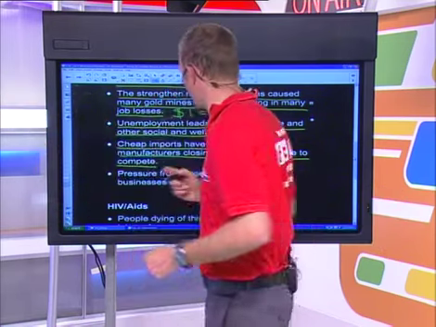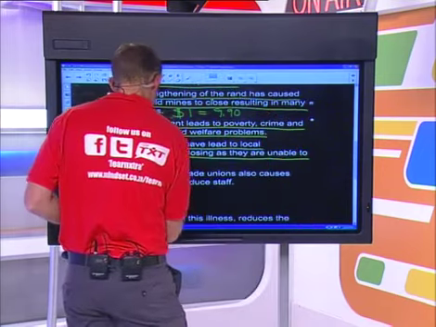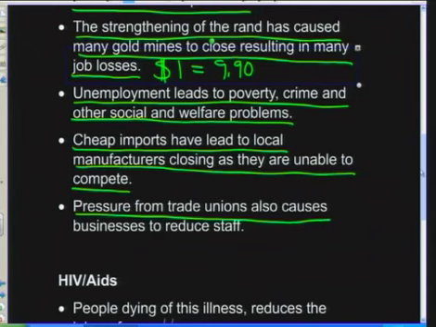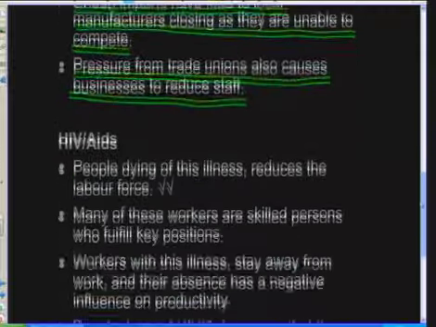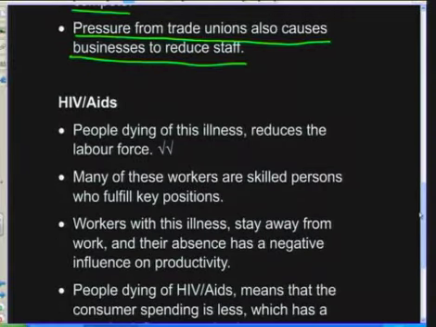expensive overheads. We also have pressure from trade unions, which also causes businesses to reduce staff. At the moment, especially in the gold mining sector, there have been a lot of strikes and talks from trade unions for the workers to go on strike.